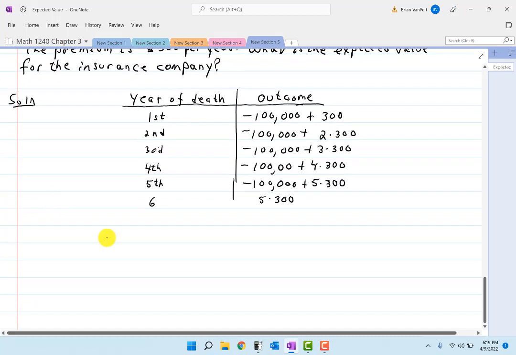So now when we do our expected value, the X values are a bit weird because the X values are going to be money. That's what the insurance company is interested in. So these are the X values up here.